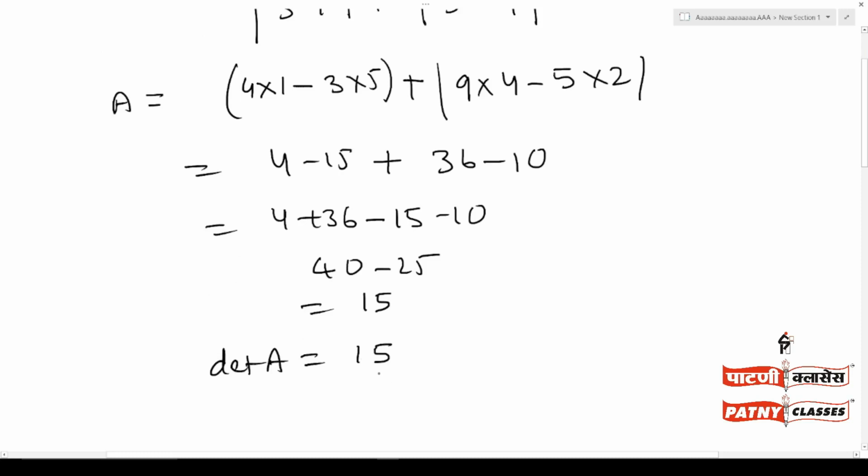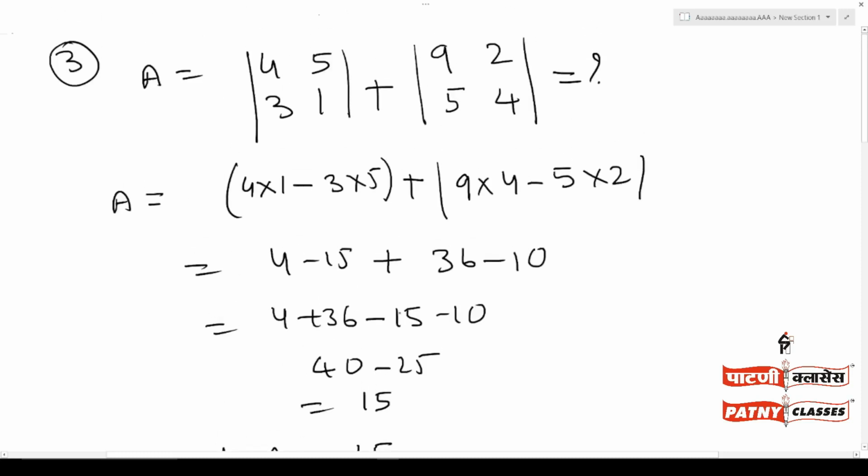In this example, we have seen that if two determinants are given, we can find the individual determinants, then add the results.